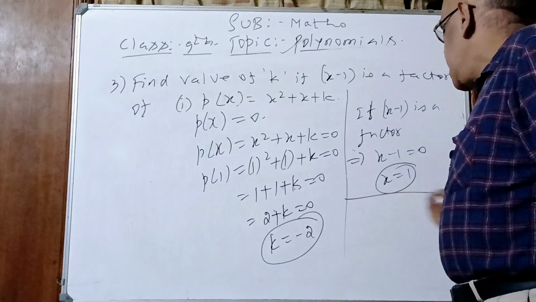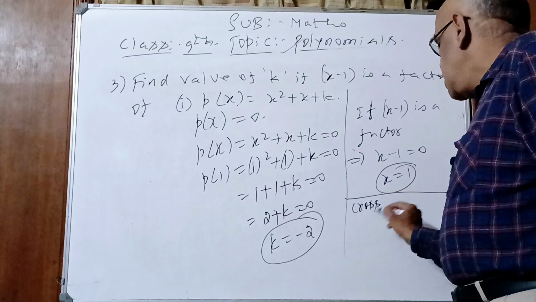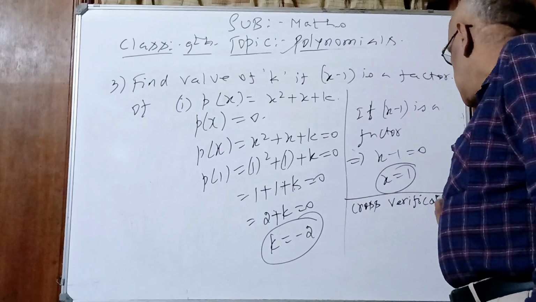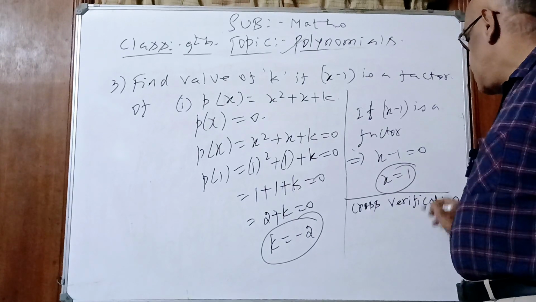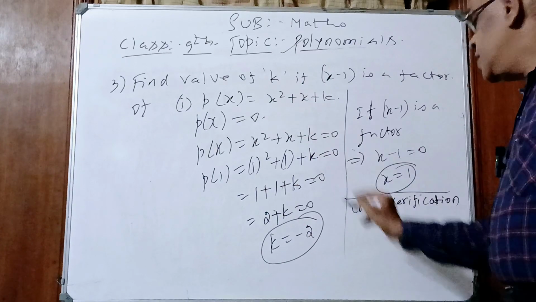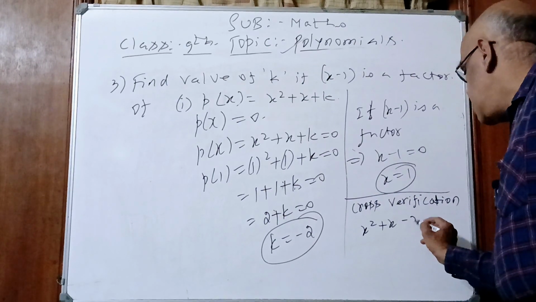What do we have to do, children? Cross verification. What does it mean? You do your own valuation. Put minus 2 in the given question. What is that? x square plus x minus 2.